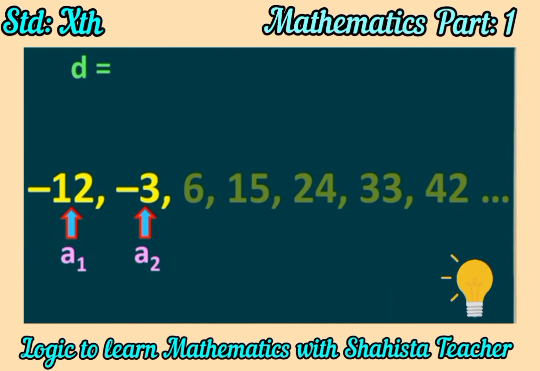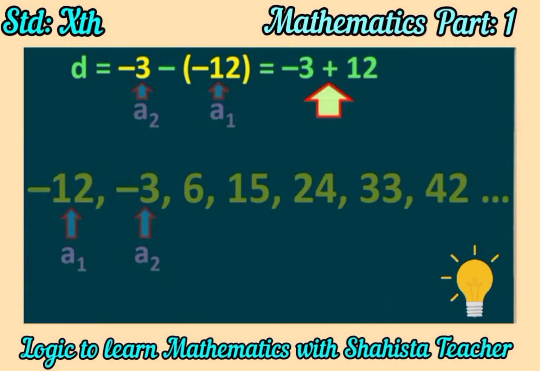What is the distance between them? D equals A2 minus A1, which is minus 3 minus (minus 12). Minus becomes plus, so it is minus 3 plus 12. We get 9.